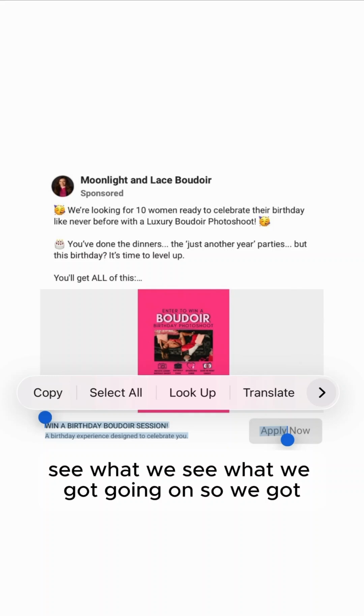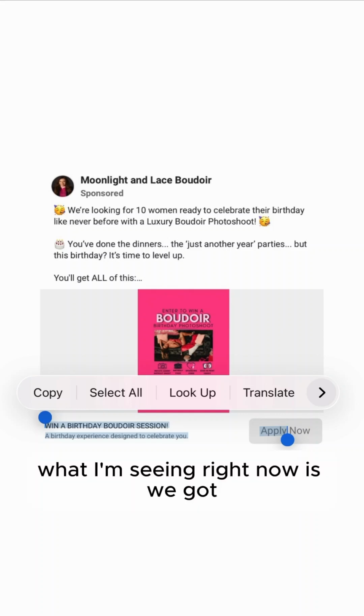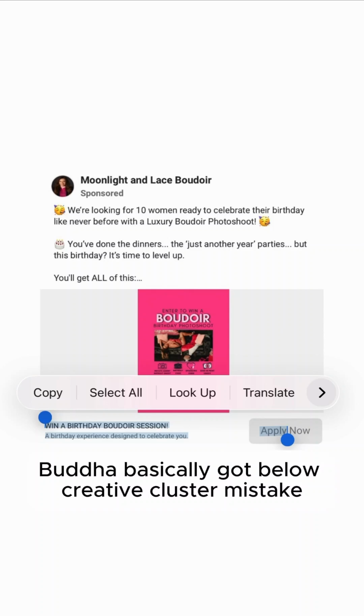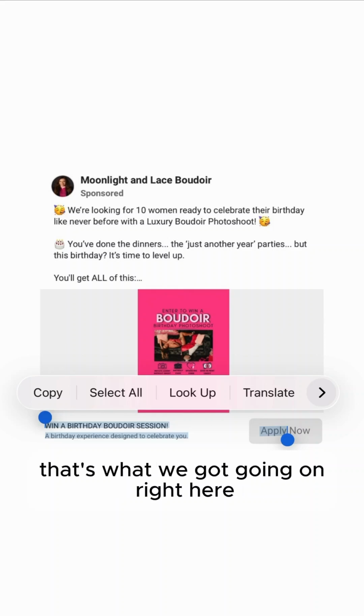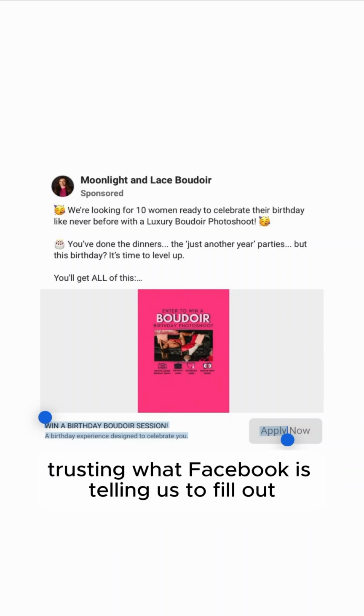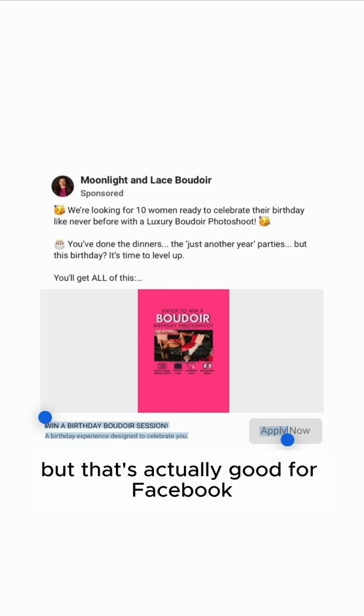Here's what we got. What I'm seeing right now is, basically, we got the below creative cluster mistake. That's what we got going on right here. So we're actually trusting what Facebook is telling us to fill out for our Boudoir Facebook ads, but that's actually good for Facebook.